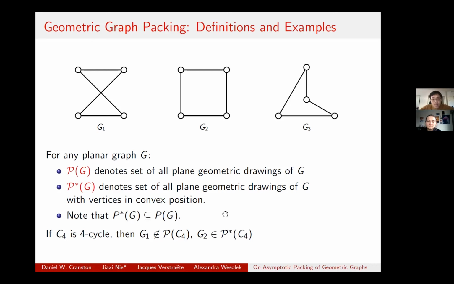And G2 is in P star of C4 because it is not only plane, but also convex. And G3 is in P of C4, but not in P star of C4 because it is plane, but its vertices are not in convex position. So it is not in P star of C4.